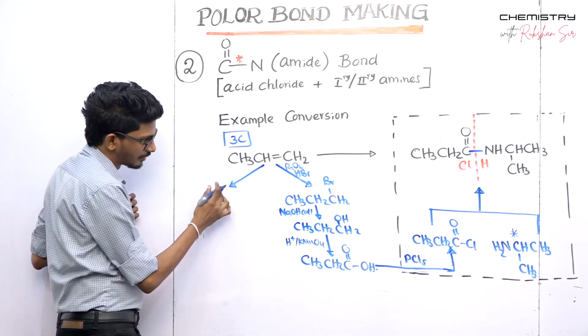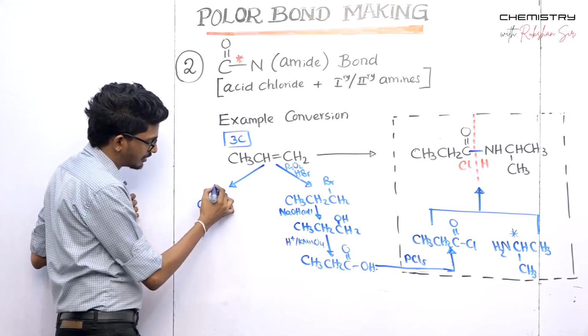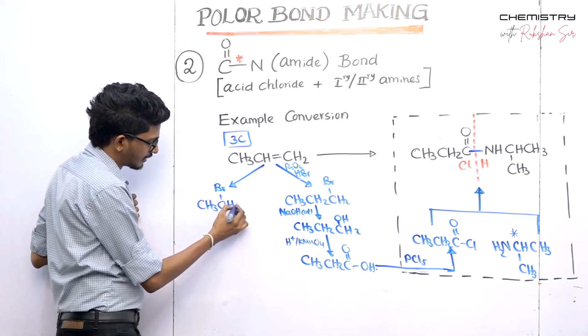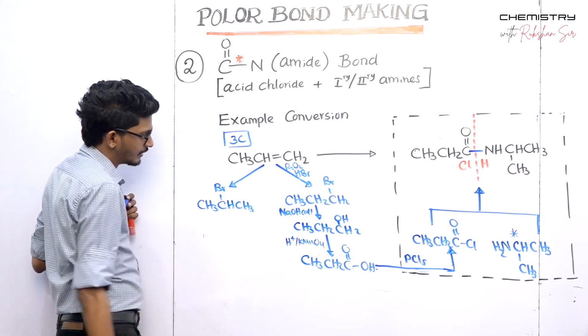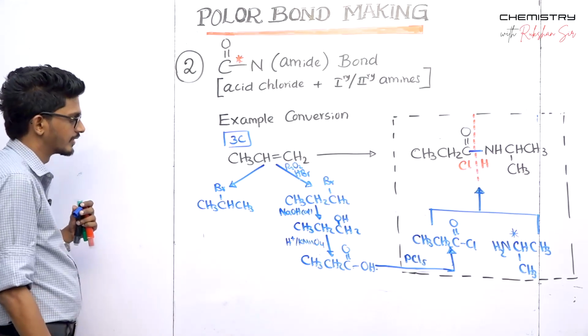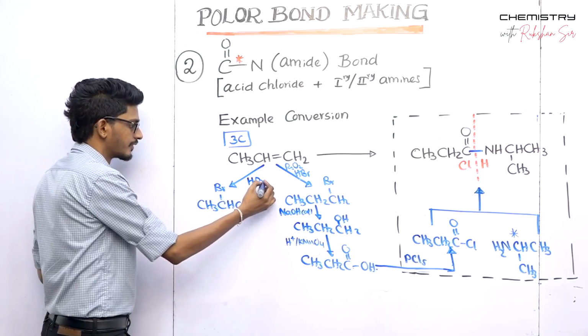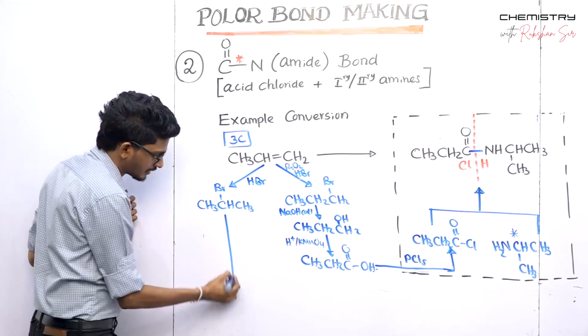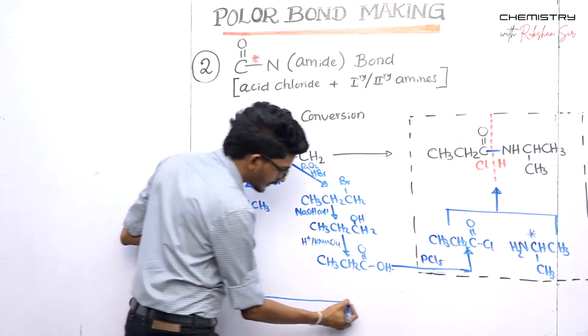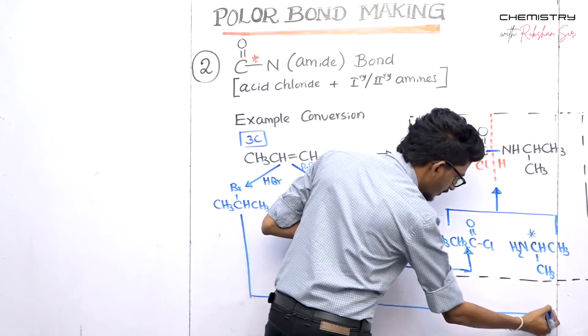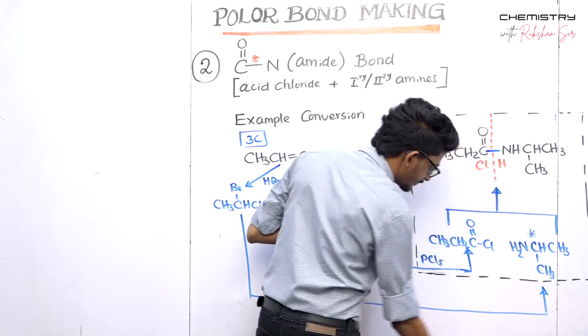I'll just come up with the Markovnikov addition of HBr, because Br needs only one step to convert it to the NH2. So just HBr and just one step will convert this into NH2.